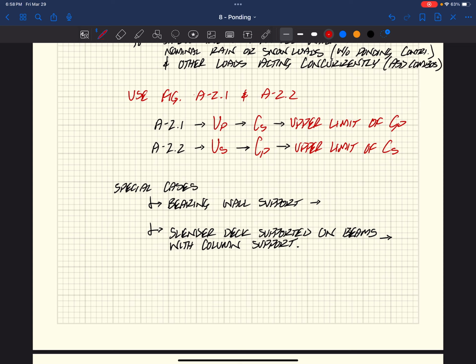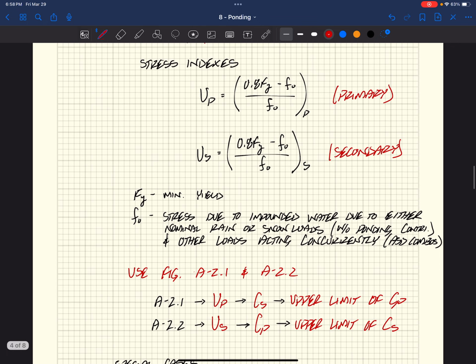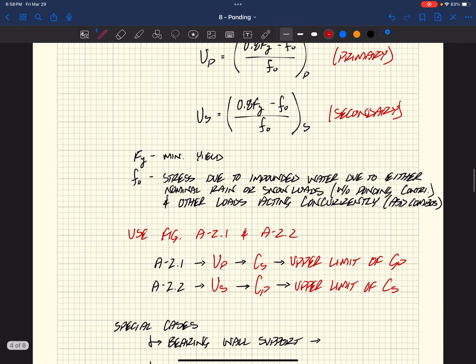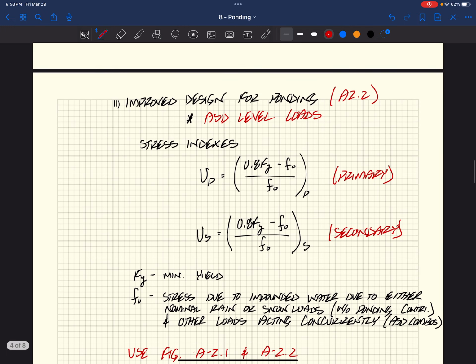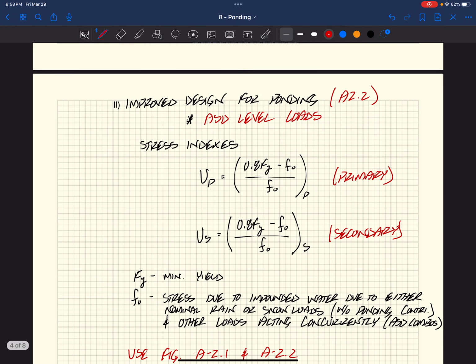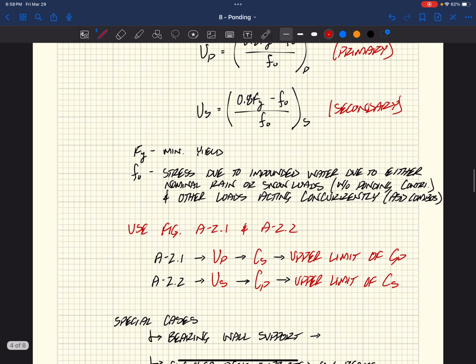There are a number of factors that will play a role in what ultimately the results are for the upper limits, right? Because it's a function of CS and UP. So if you increase the size of your primary framing, the girders, effectively reducing the stress, then you're going to affect UP, which is going to change what you end up with for your upper limit.